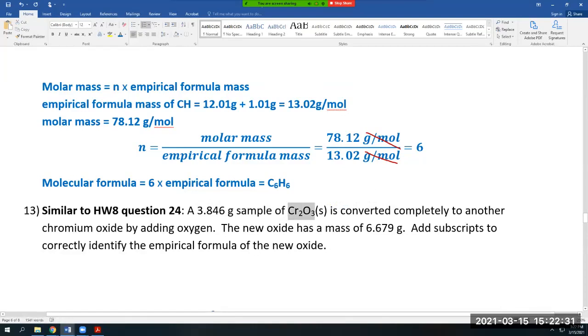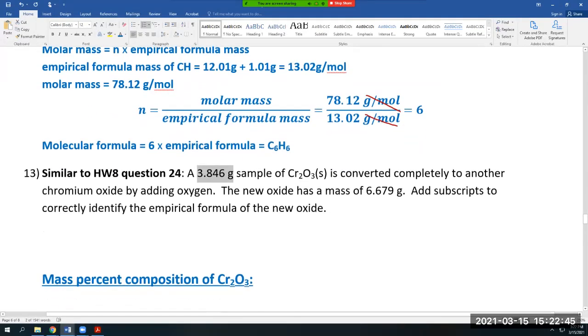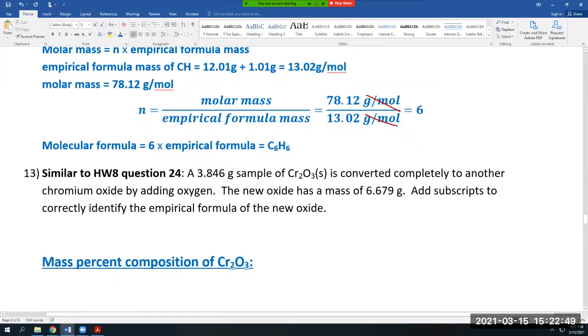When we find the mass percent of chromium in this compound, then we can find the percentage of this total mass that is due to chromium only. So let's find the mass percent composition of Cr2O3, but just the one for chromium.